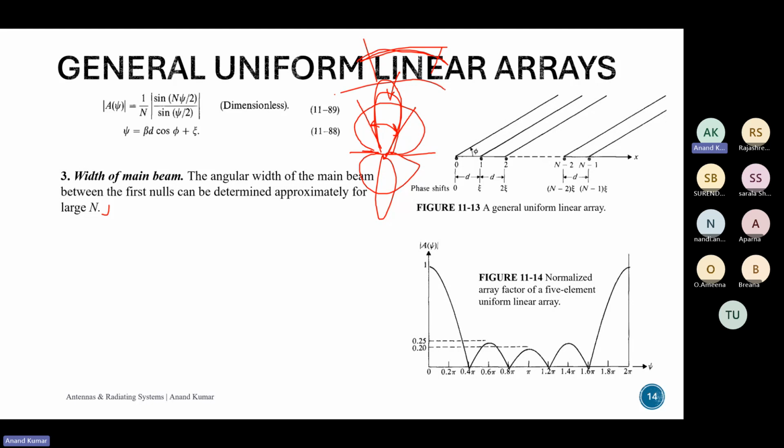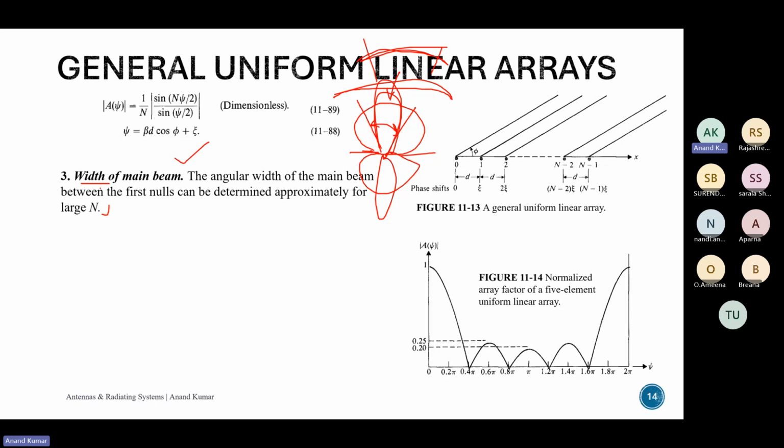But if we want a more omnidirectional or isotropic sort of pattern, we can try to increase the main beam width. This is important because many times we are given the beam width of the antenna, and we are required as engineers to design an antenna with a certain beam width.